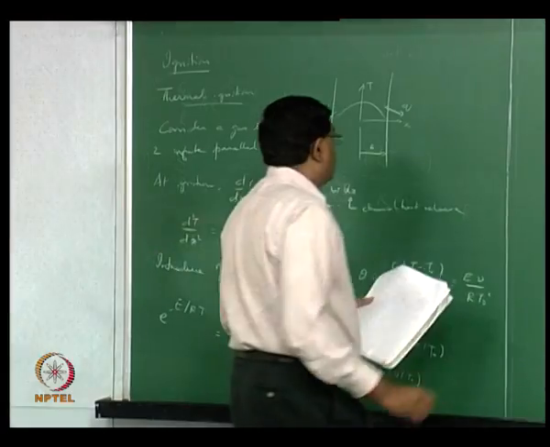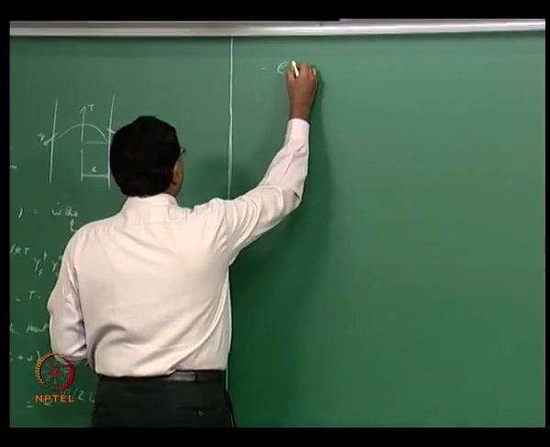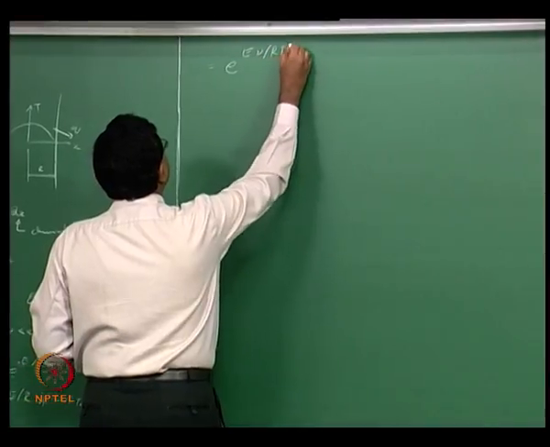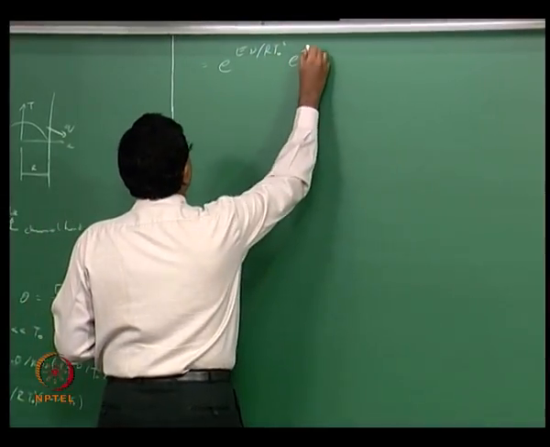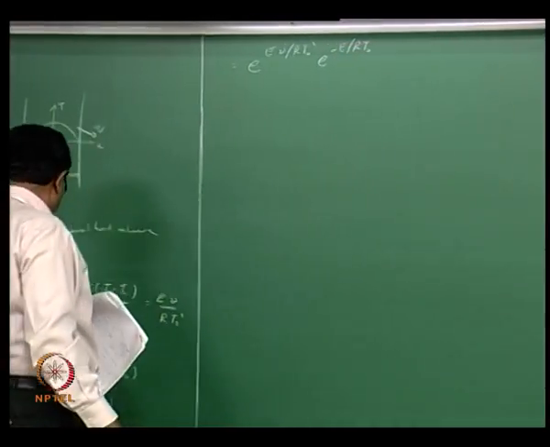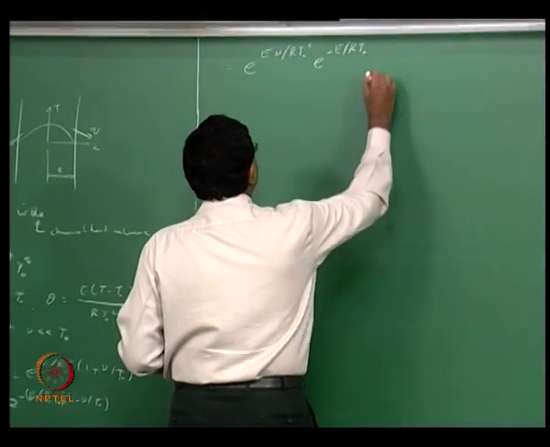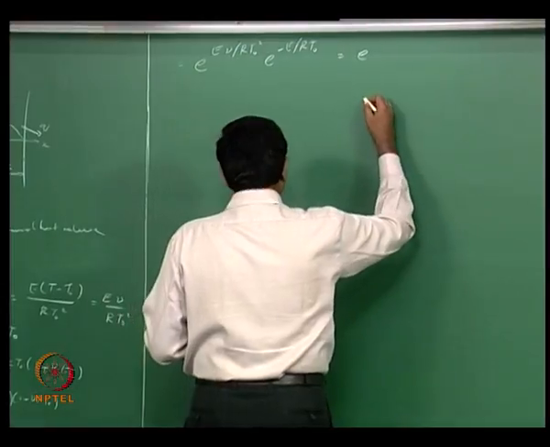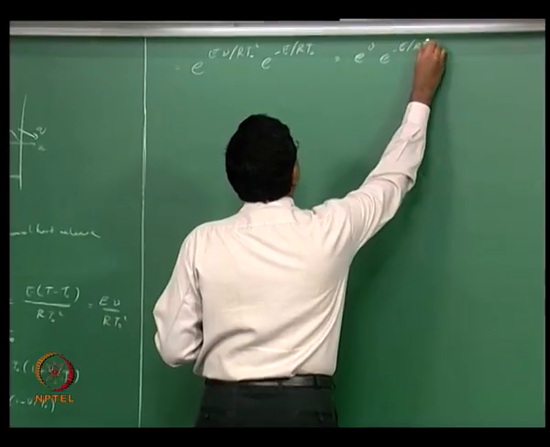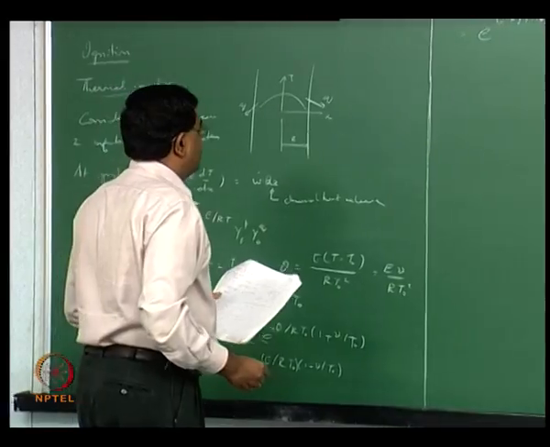And this is equal to e to the E nu over R T naught squared times e to the minus E over R T naught, right. That means this is equal to e to the theta times e to the minus E over R T naught.